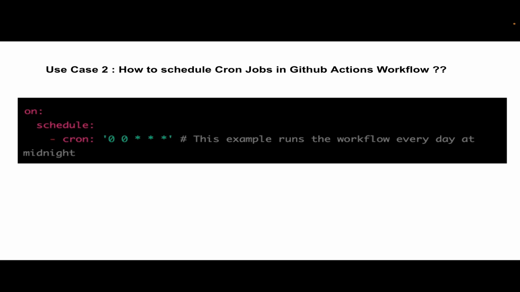First you need to create a new workflow in your GitHub action. Then you need to add a schedule trigger to the workflow. This can be added by this section. The schedule trigger uses a cron expression to define when the workflow should run, and then it will run.